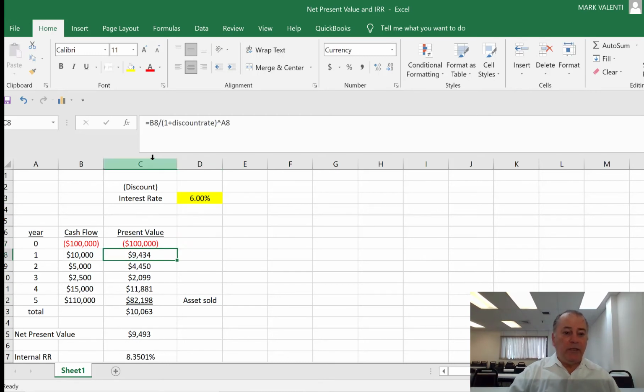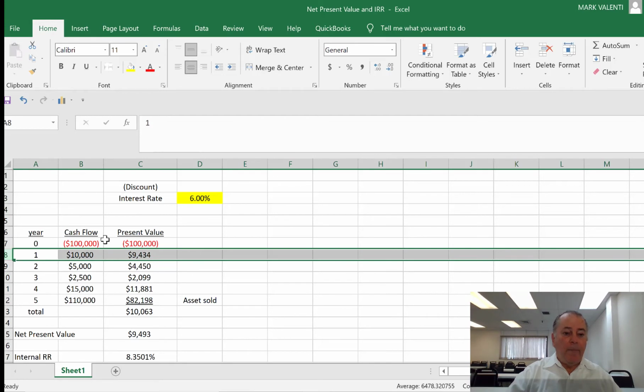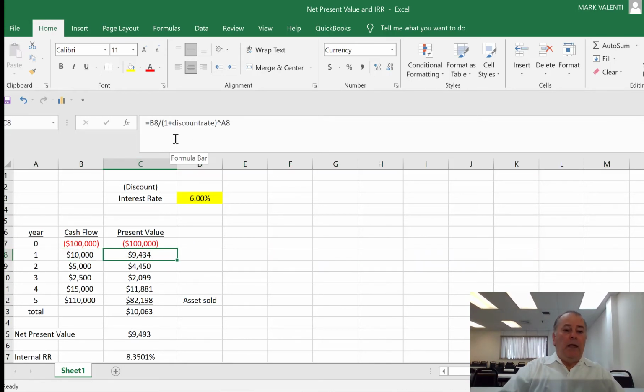It's taking the cash amount, which is B8 in this particular line, and dividing that by 1 plus the discount rate, which is the 6%. So it's dividing it by 1.06, and then that's to the power of A8, which is 1.